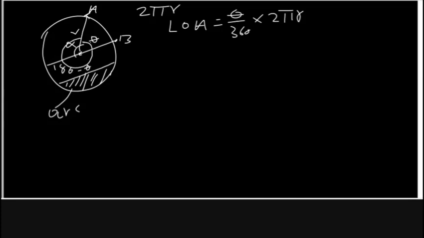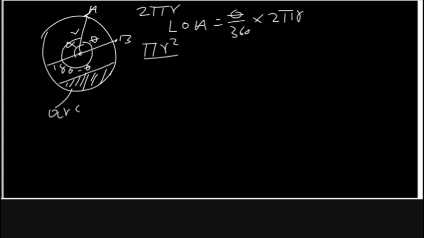And whenever we are calculating the area of a sector, remember, the area of a circle itself is given by pi r squared. So whenever we are calculating the area of a sector, we use this pi r squared. That's the area of a circle.